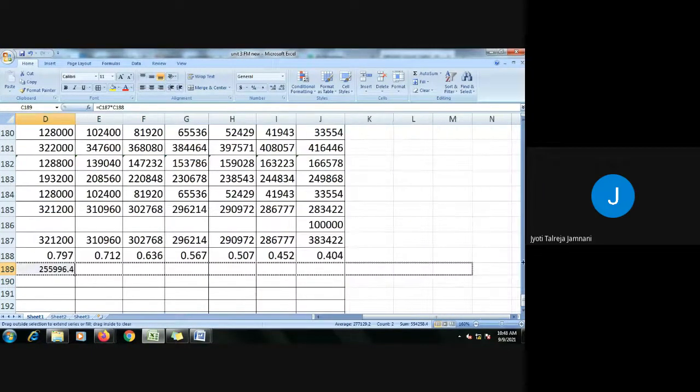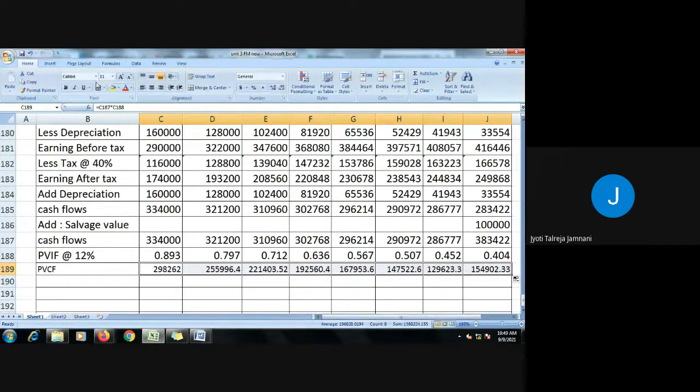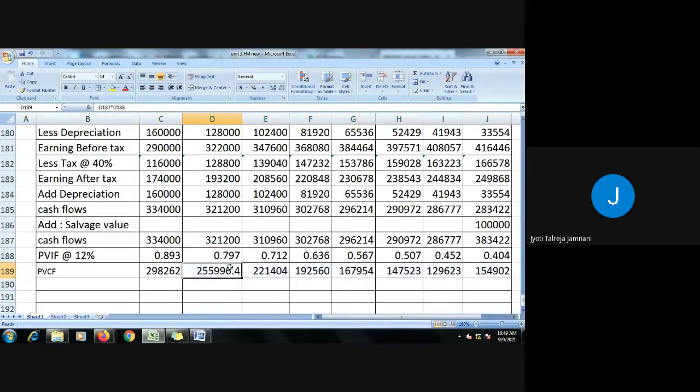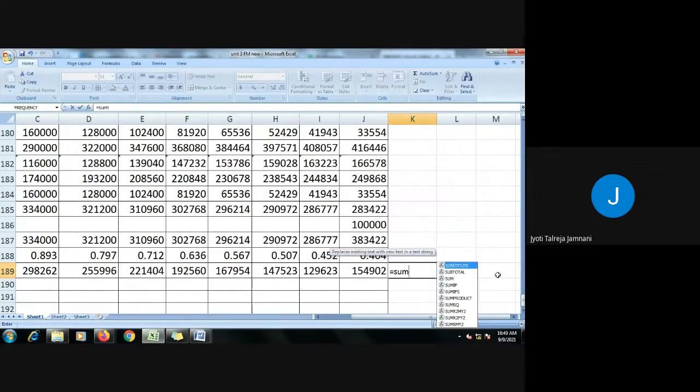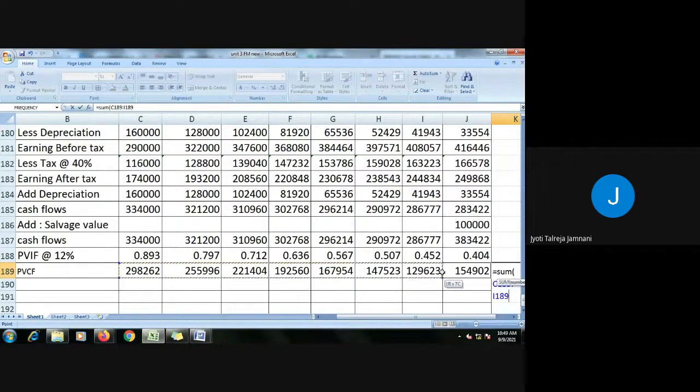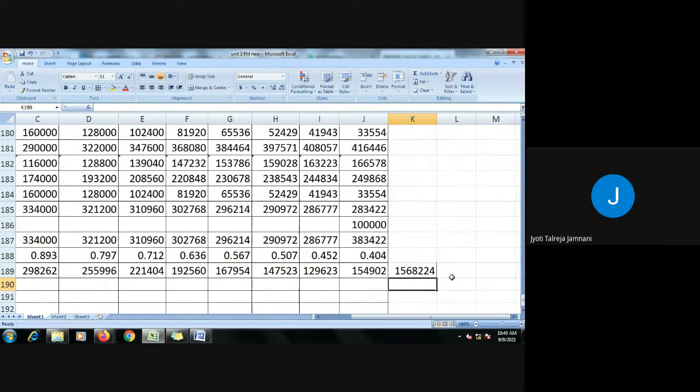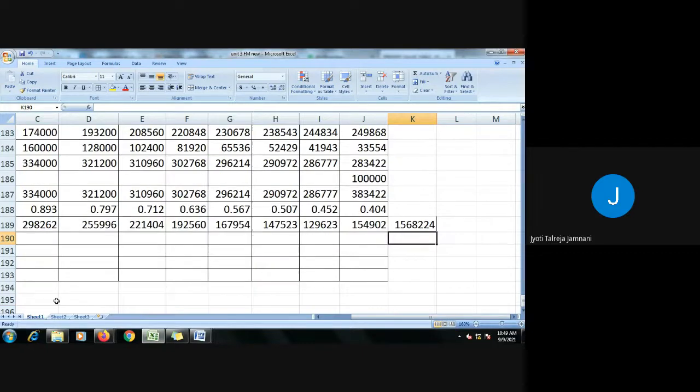So these are our present values of cash flows that we have got. At the end we need to total all this if we have to find the NPV. So we will add all this, equal to sum. I'll add all the present values of cash flows. We get 15,68,224. So we can find NPV now.